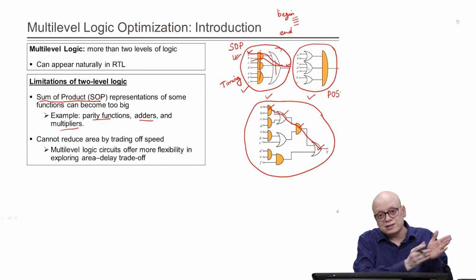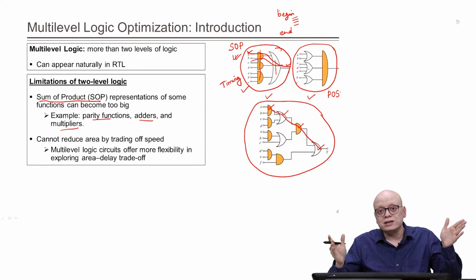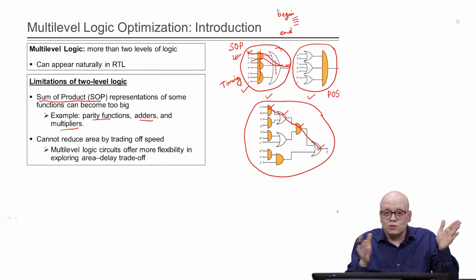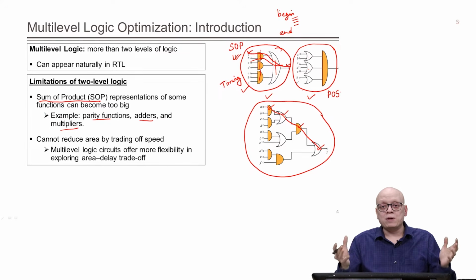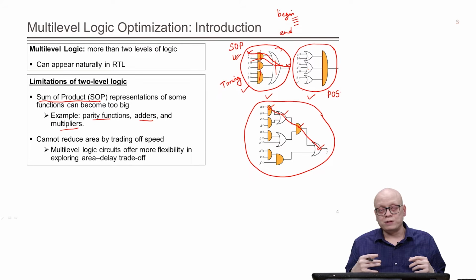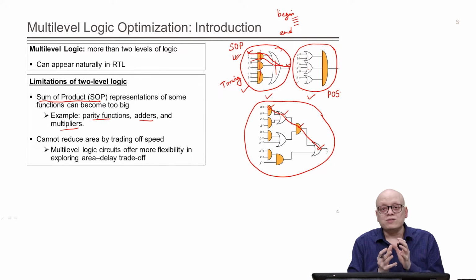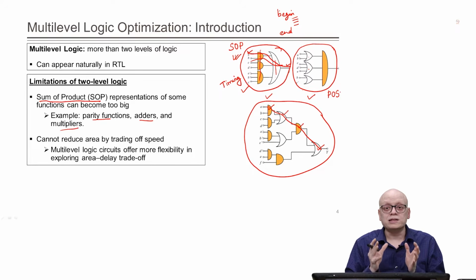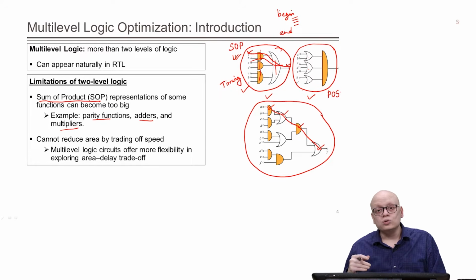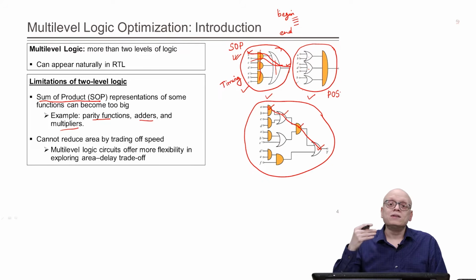As the number of levels increases, the delay from the input to the output increases, and therefore timing becomes worse. But as a result, by restructuring or transforming the logic, we can improve the area of the circuit. So if we want to evaluate the area-timing trade-off, then multi-level logic is much richer, because there is much greater freedom than in two-level logic. And that's why we need to do optimization for multi-level logic also, besides optimizing two-level logic.